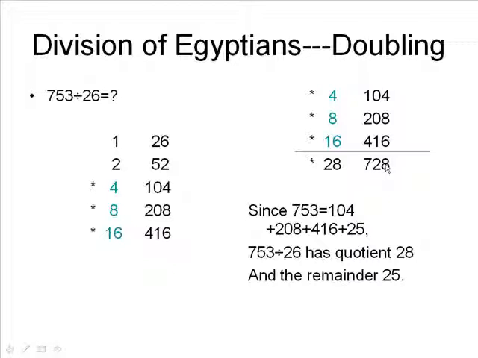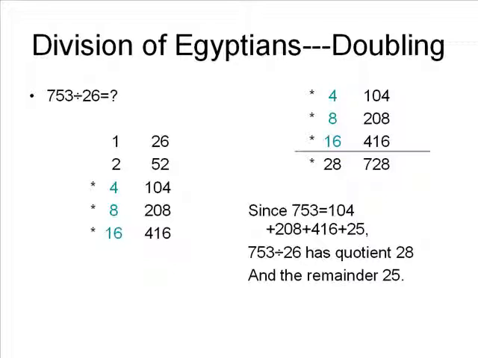And we cannot pick another multiple of 26, because even the least, 26, plus 728 will be bigger than 753. So the most multiples of 26 we can get is 728, which corresponds to 28 26s.